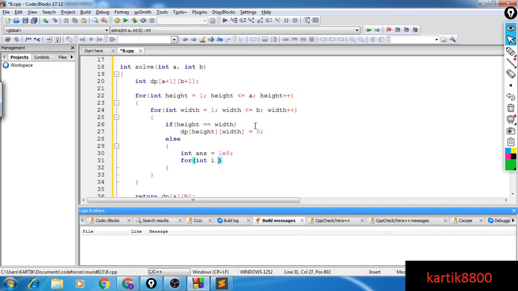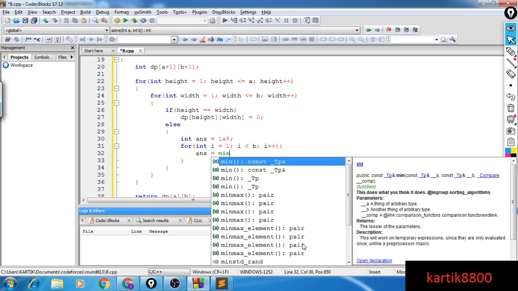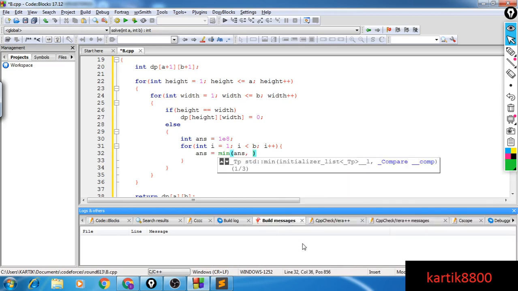First of all, let's try the vertical cuts. So I'm making a vertical cut. I'll be left with 2 pieces. Answer will be minimum of answer comma 1 for the cut that I'm making. I'll be left with 2 rectangles.